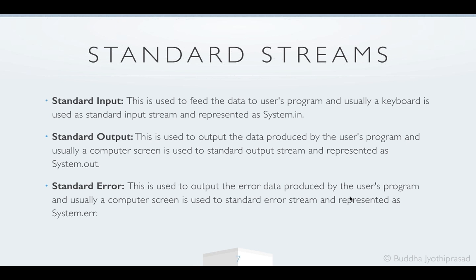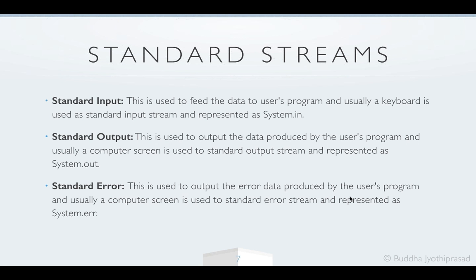So there is a new concept called streams. A stream is a sequence of data, that's it. One is the input stream and another one is the output stream that we will be able to use. As I said, we cannot use the File class to read the data from the file or write the data to the file.